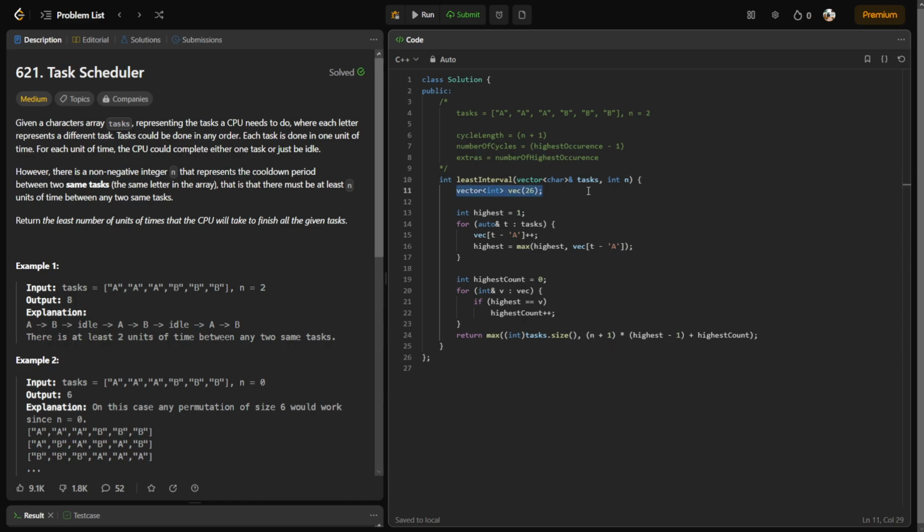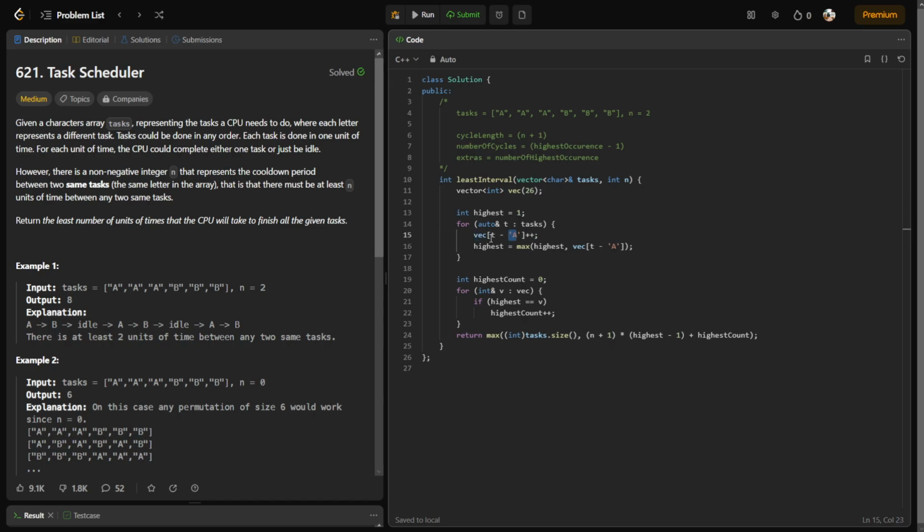Alright, so first thing first, I initialize a vector of size 26, which represents each character in the English alphabet. So here I also have the highest. What this highest is basically is the highest occurrence, right? I initialize it to 1, and then for each task in the tasks, I increment the count for that task in the vector.